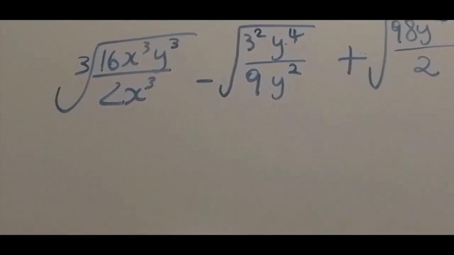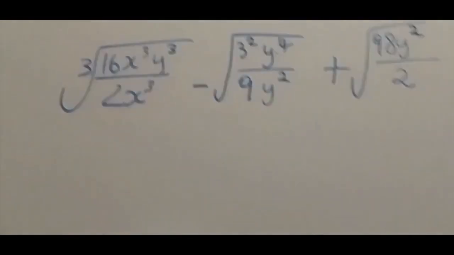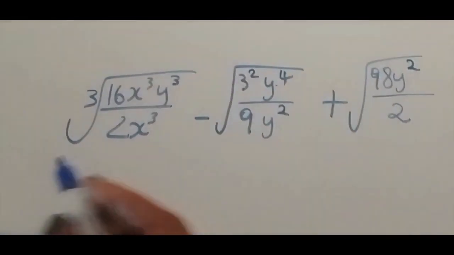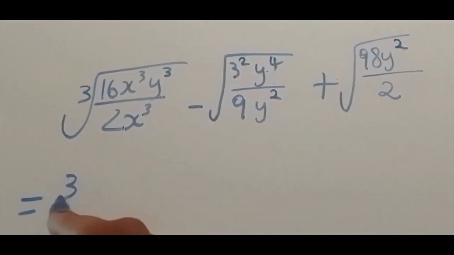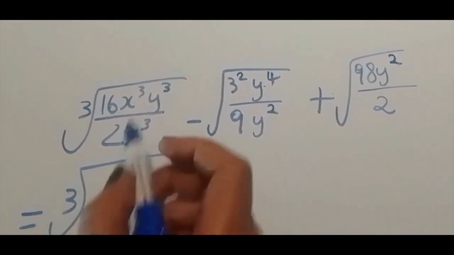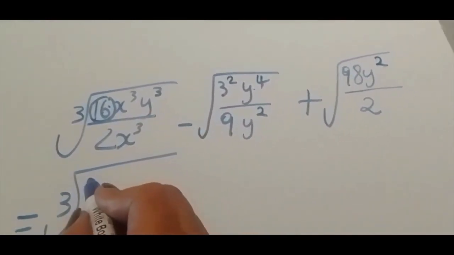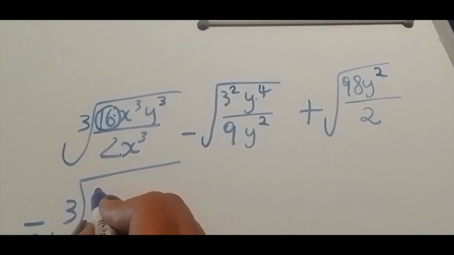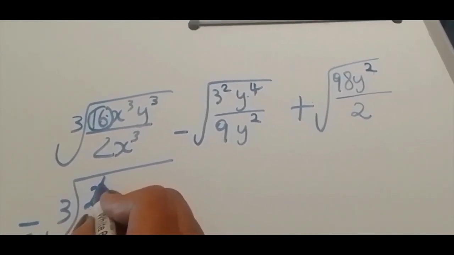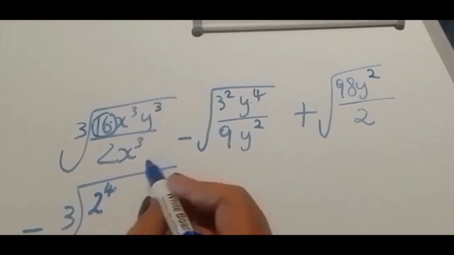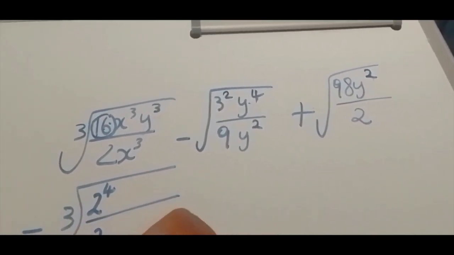All right, lastly, this may look complicated, but not at all. We're just going to break it down into pieces. Let's start inside the sets with the first one. Just recognize that I know a 16, which is 2 to the power of 4, and then we still have 2 over 2.